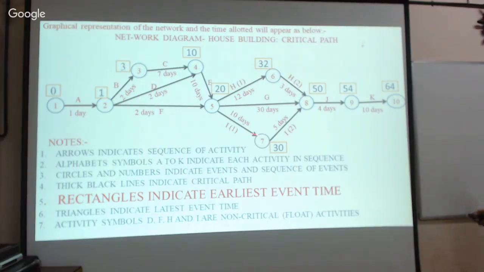In a similar manner, we have the time to reach this event. If you calculate along this path, 20 plus 10, 30, and 5 more, 35 days are available to complete this event.